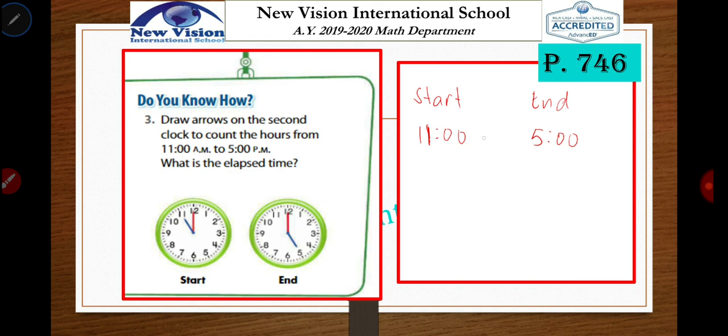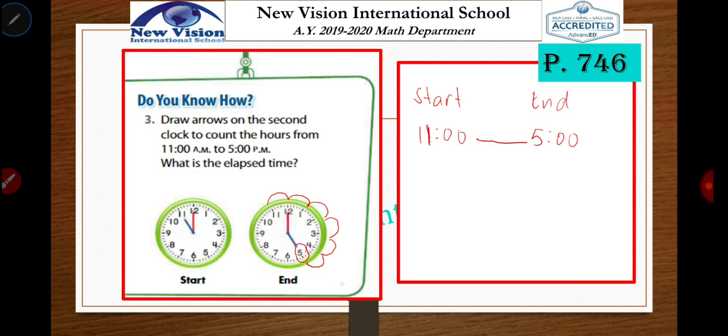So what is the elapsed time? Can you do that? Okay, so how are we going to do this one? From 11, we're going to count until 5. Remember, we're talking about hours this time, okay? So let's start. 1, 2, 3, 4, 5, 6. We end at 5 here.